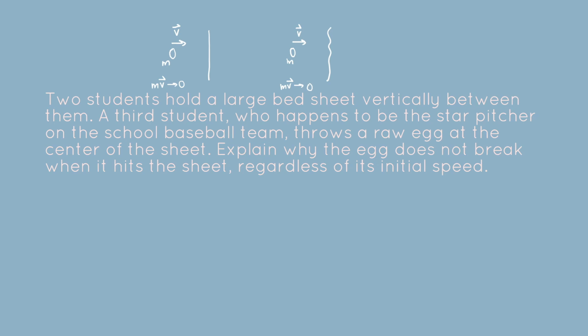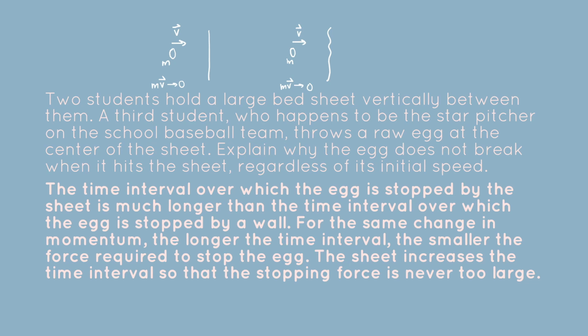So what is the difference? Actually, the difference is the time interval over which the egg is stopped. For the sheet, you can try this yourself. It will take a long time to stop the egg.